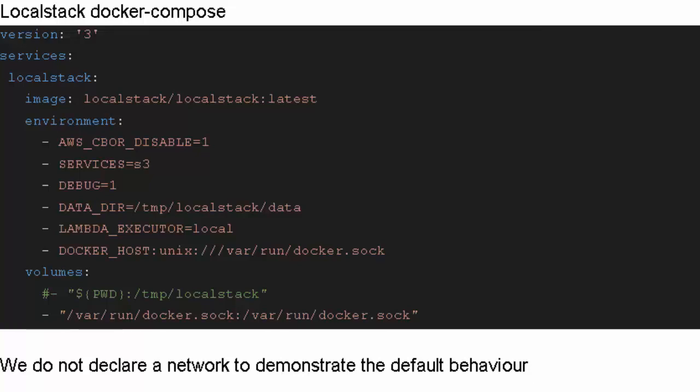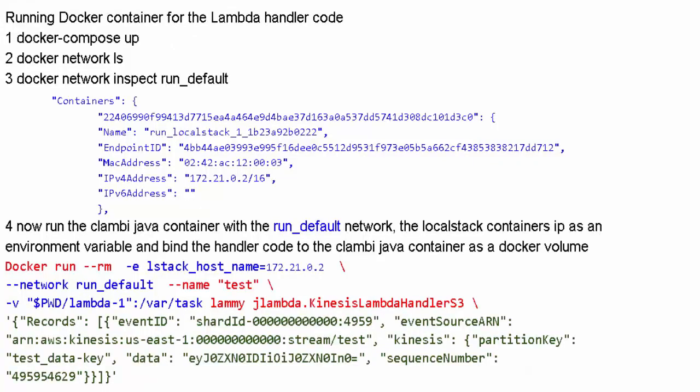In the Compose file for Localstack, we just create one service, S3, as our Lambda Java function is going to push data to an S3 bucket. In this Docker Compose, we do not declare a network to demonstrate the default behavior. Compose creates a default network bridge for us anyway, which we can use.